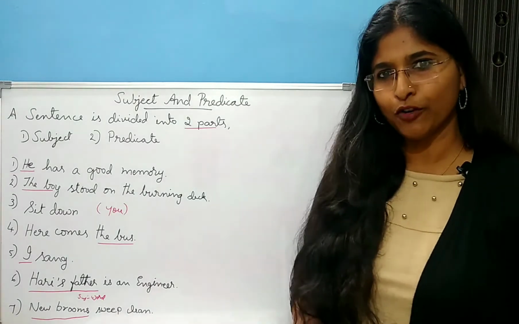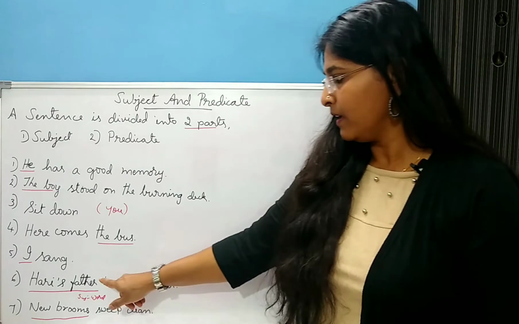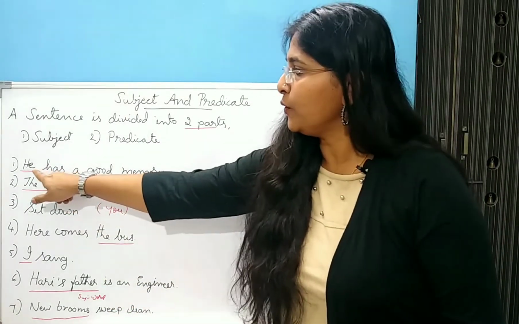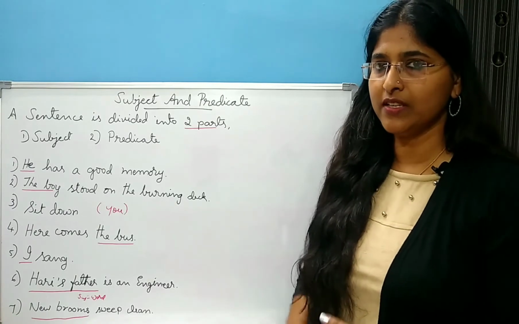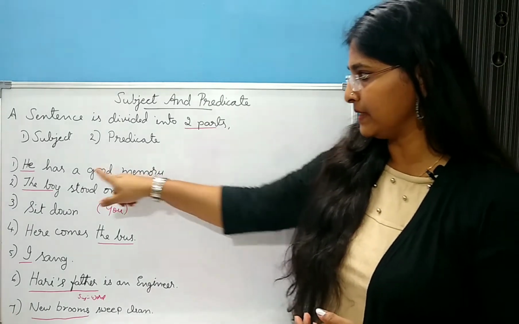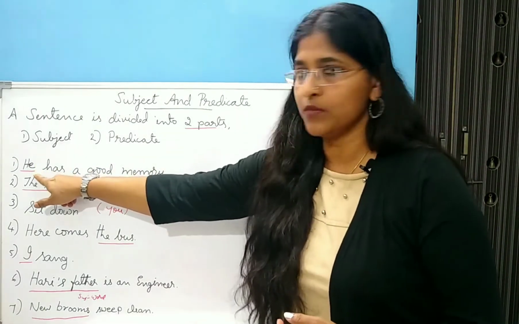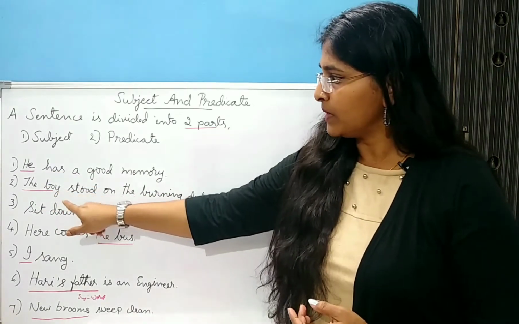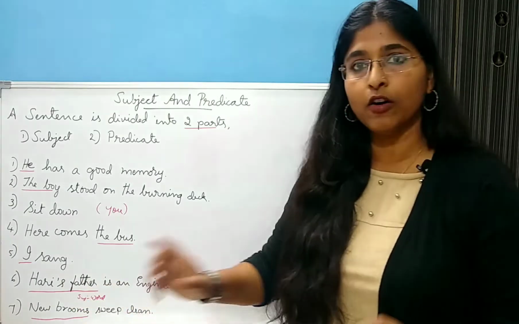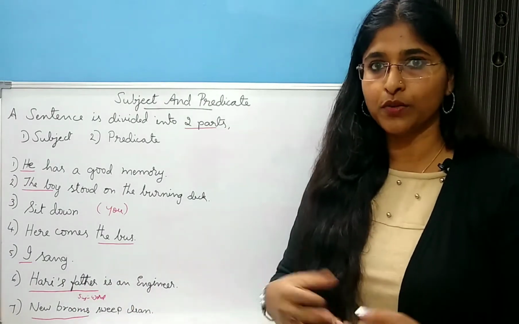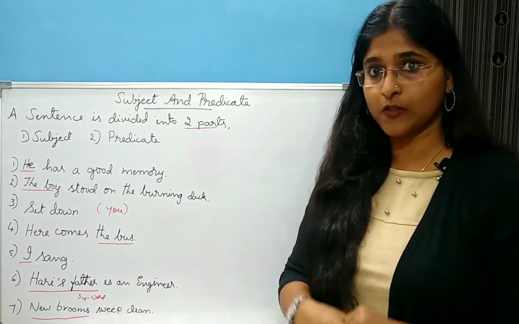But one more thing I want to tell you here. See, here you have one subject, one word as a subject. Sometimes in a sentence like this, we will have one subject. But sometimes we have two words like this, or sometimes more than two words in a subject, part of a subject.